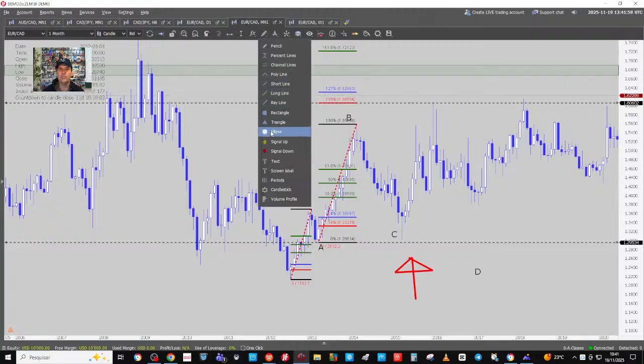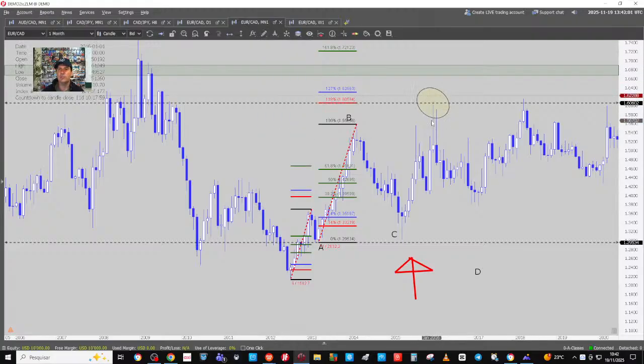Which is the D? Is the first circle the D? Or is the second circle the D, everybody? Which one is the D? A to B, B to C, C to D. Which one is the D?